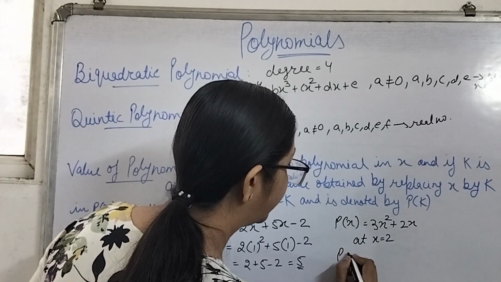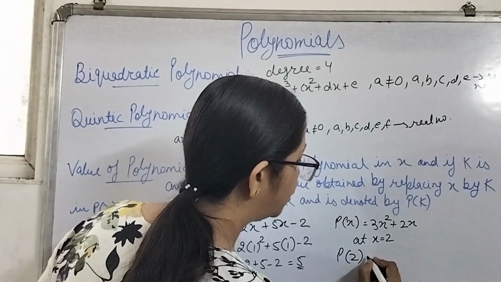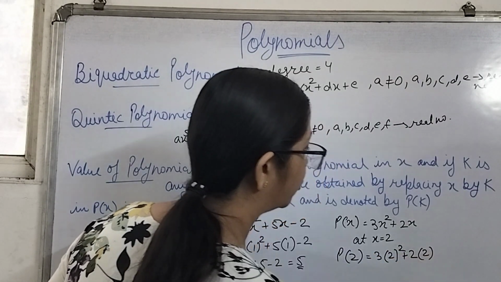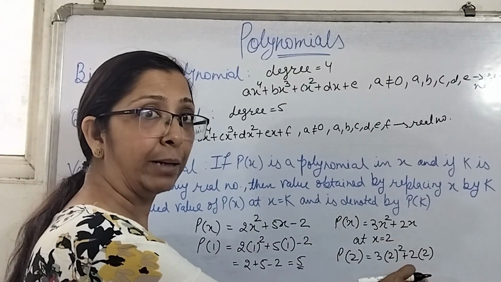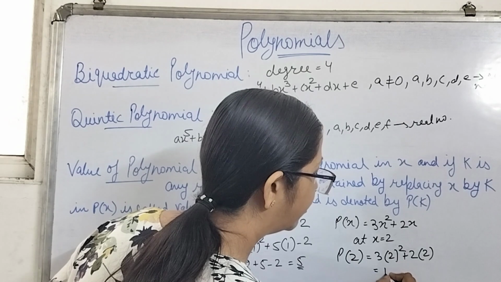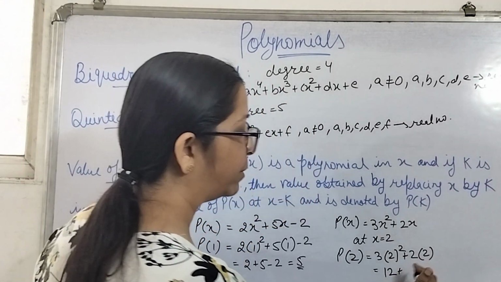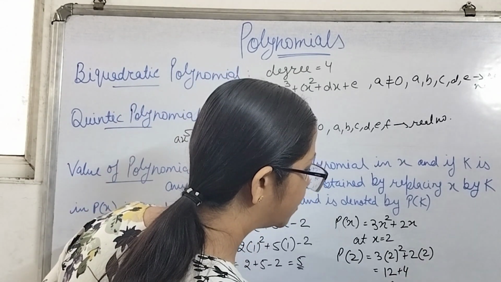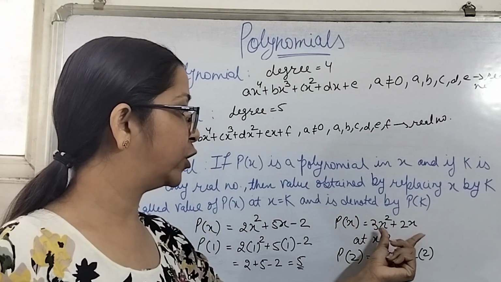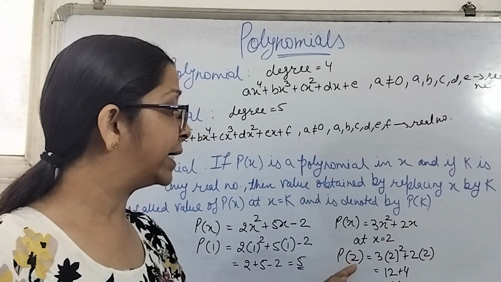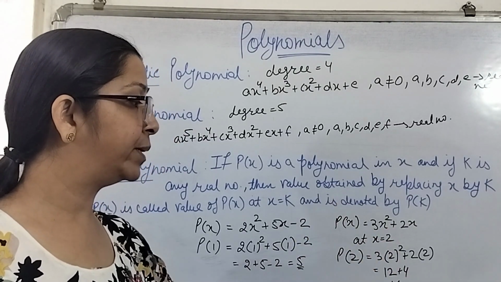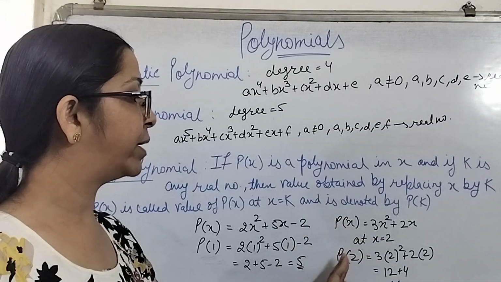So p(2) will be 3 times 2 squared plus 2 times 2. The square of 2 is 4, 4 times 3 is 12, plus 2 times 2 which is 4. 12 plus 4 is 16. So the value of the polynomial 3x^2 + 2x at x = 2 is 16.